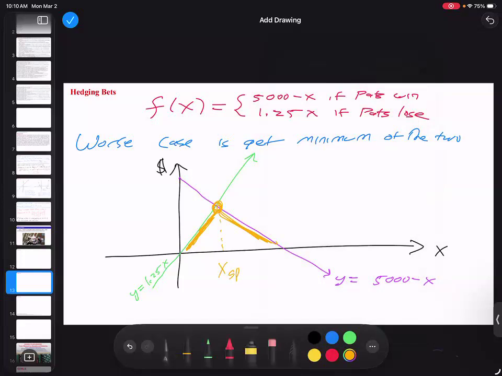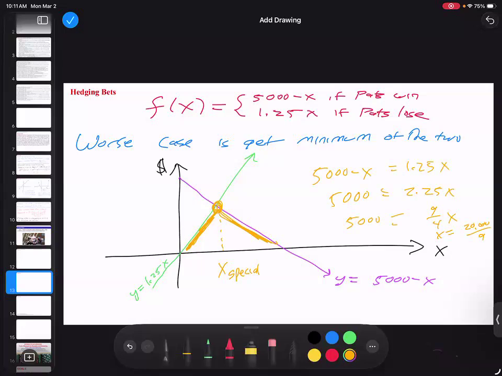That's the special bet. So I want 5,000 minus x equal to 1.25x. So 5,000 equals 2.25x. That's 2 1/4, so this is 9/4. So x equals 20,000 over 9.